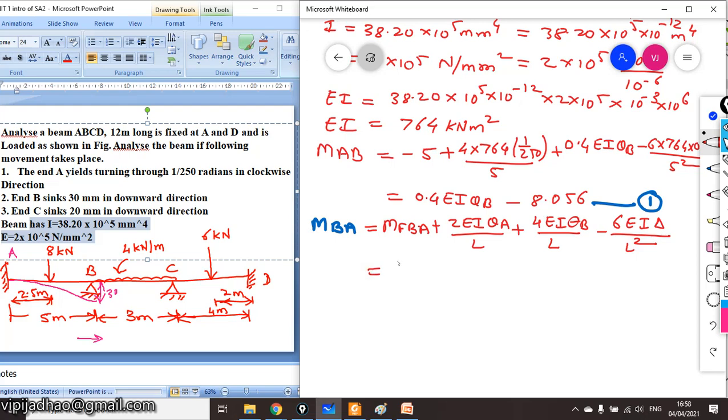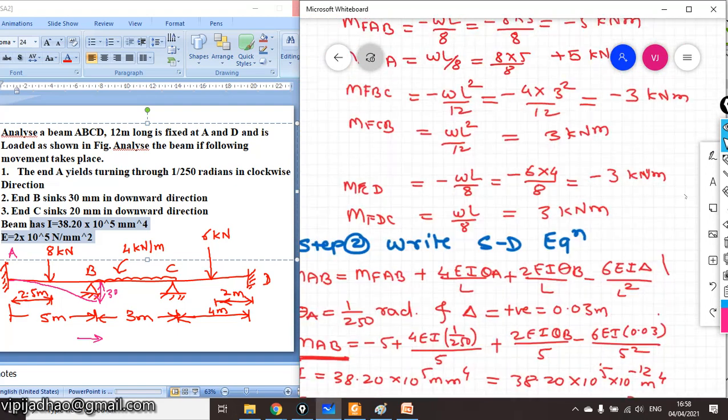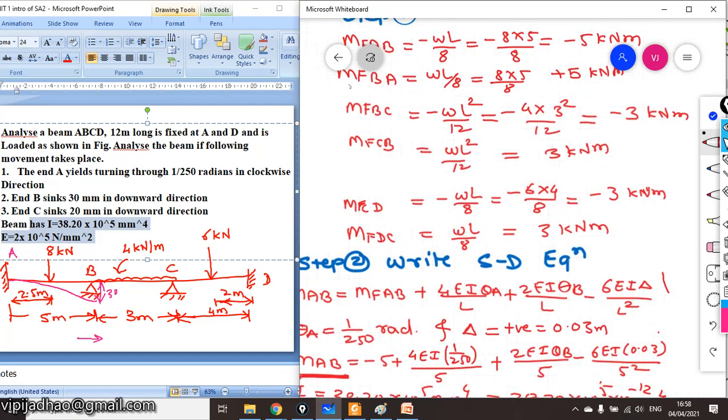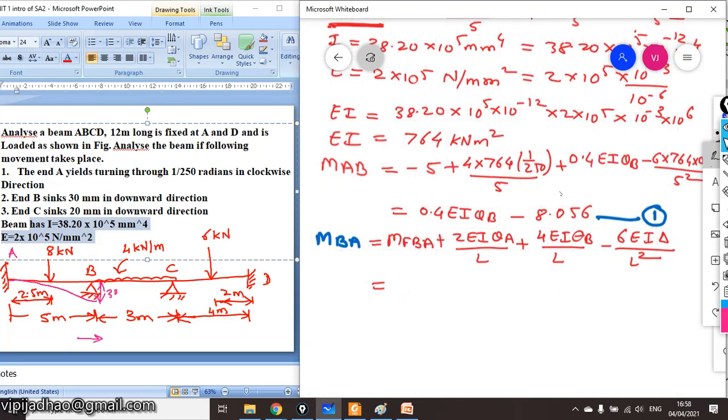We have already calculated the value of MFBA here. You can see the value of MFBA is 5 kilonewton meter. So put here the value of MFBA, that is 5 kilonewton meter, or 5 plus twice, here again write down the value of EI.